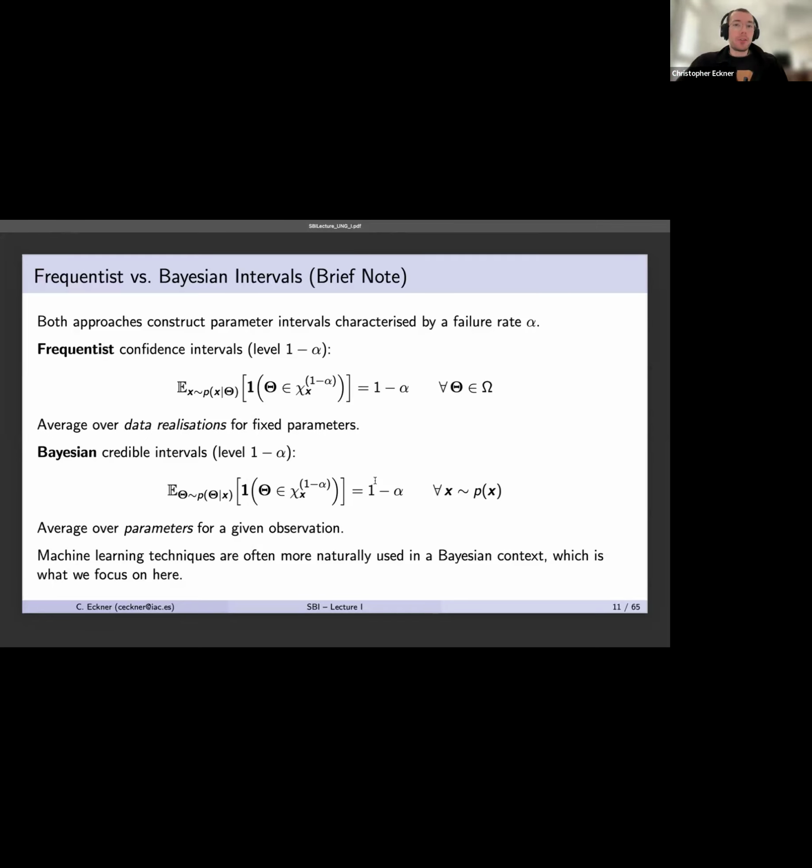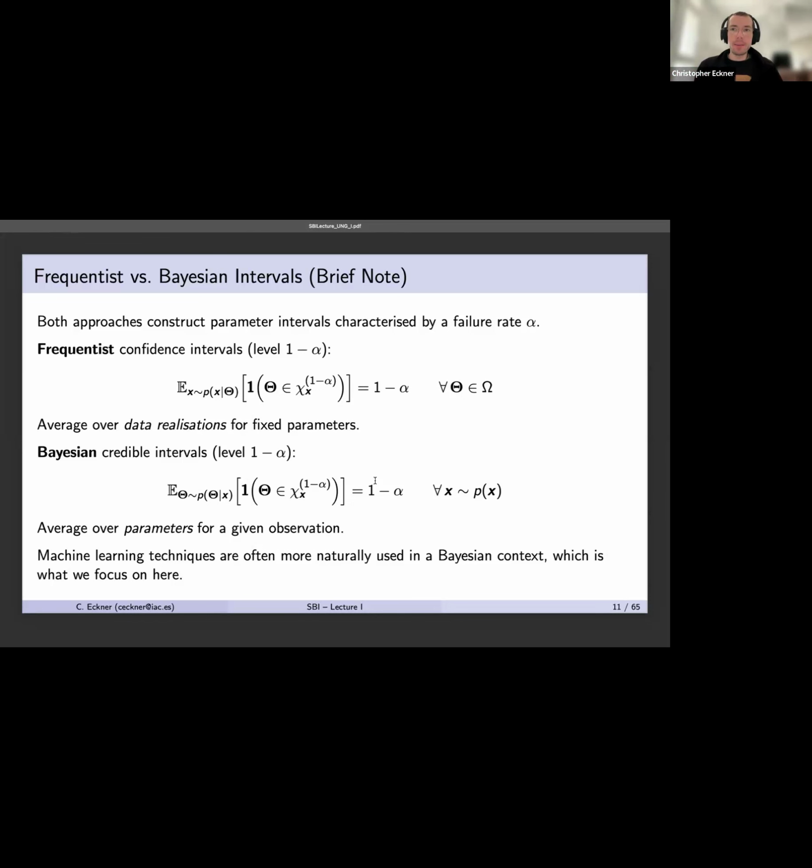What we are interested in is a certain quantity: how confident are we that the parameters we have inferred with our observations are correct. You would measure this in a certain failure rate alpha.